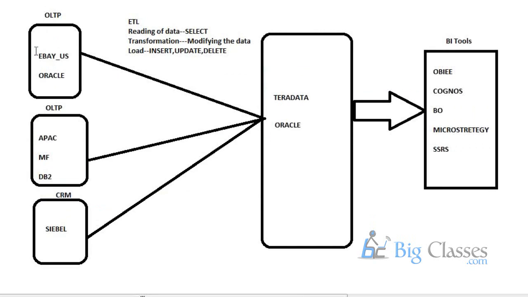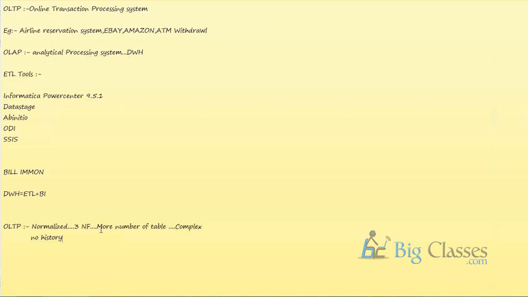If I have to do the reporting, I have to do it separately on the US application, then the APAC application, and then my CRM application, and combine the results. So data is distributed across multiple source systems. That is also one more disadvantage with your OLTP system.